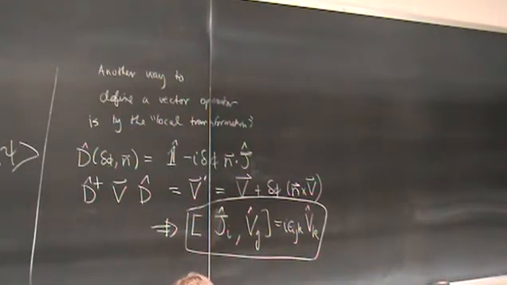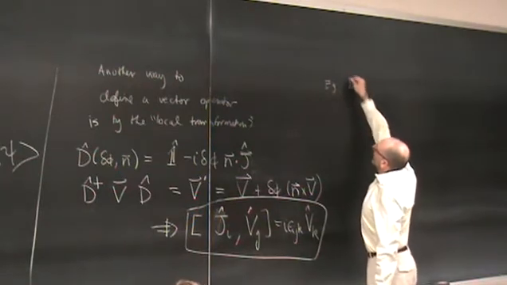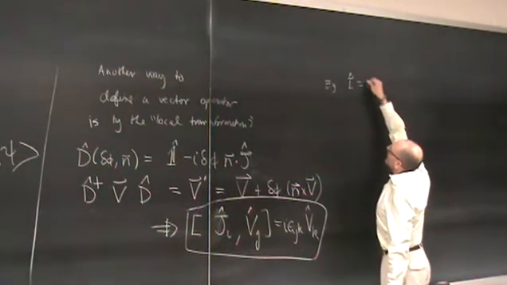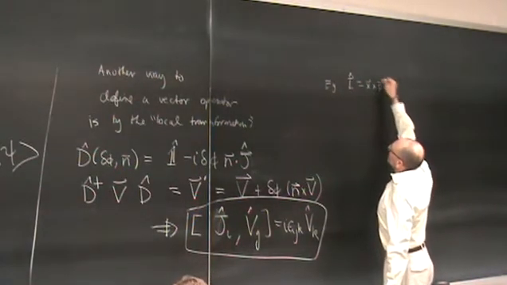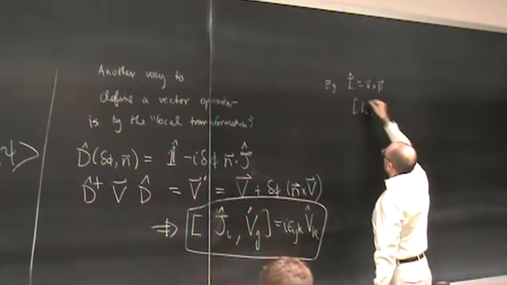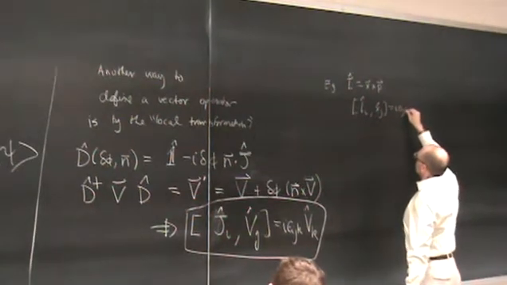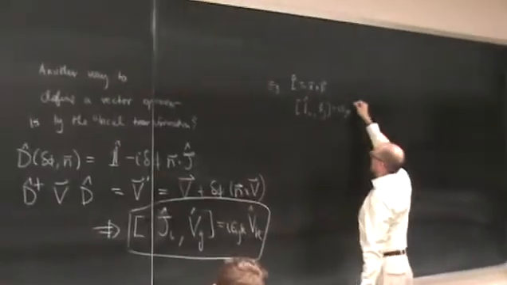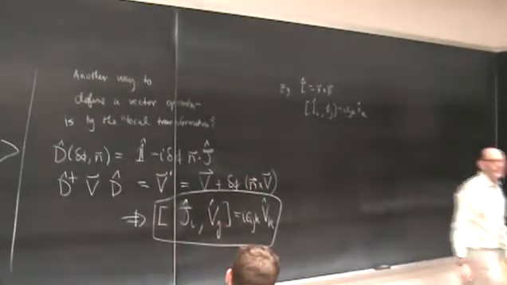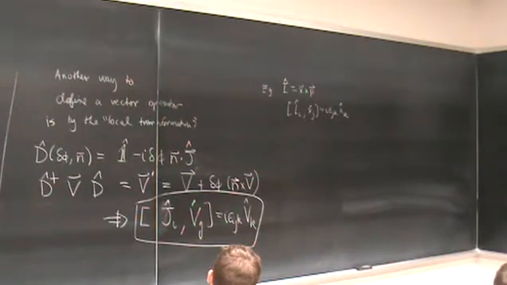For example, we've seen that in the past, last semester, if I looked at the orbital angular momentum, then we saw, for example, L_i with the positions, right? That works. So x is a vector with respect to orbital angular momentum.